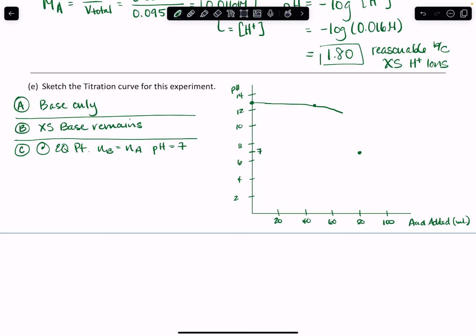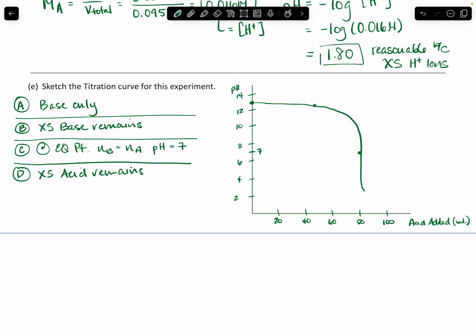It probably comes down a little bit more and then shoots down just like this. And then D, we have excess acid. That was at 95, and we saw that the pH was 1.8. So here's 90, 95, so right around here. I would expect to see it, and then if we kept going, it would probably continue to decrease a little bit.